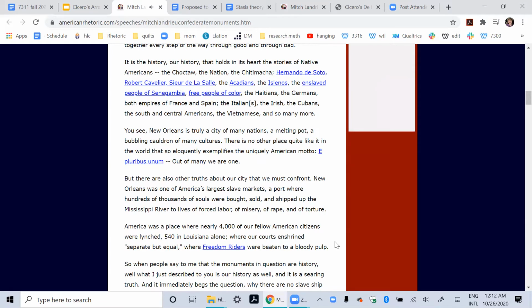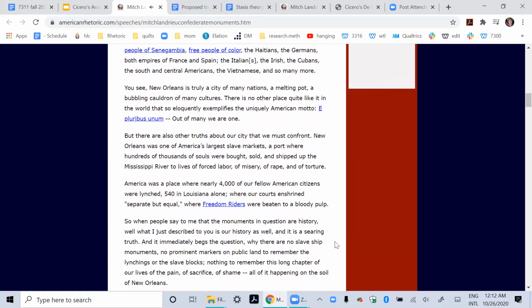But there are also other truths about our city that we must confront. New Orleans was one of America's largest slave markets, a port where hundreds of thousands of souls were bought, sold, and shipped up the Mississippi River to lives of forced labor, of misery, of rape, and of torture.